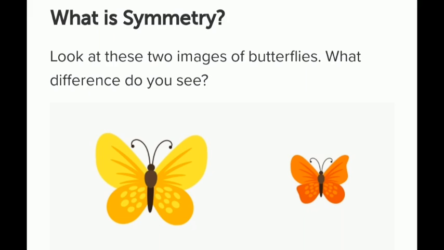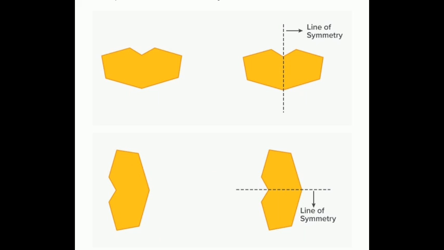Okay. So, in the middle of these identical shapes we can draw a line. That line is known as the line of symmetry. In the left side you can see two figures, and along with the figure in the right side you can see a line.